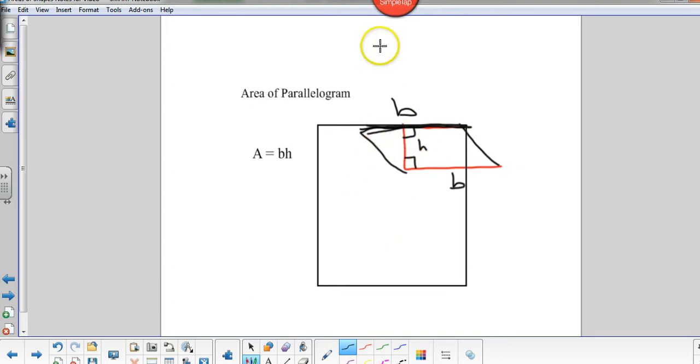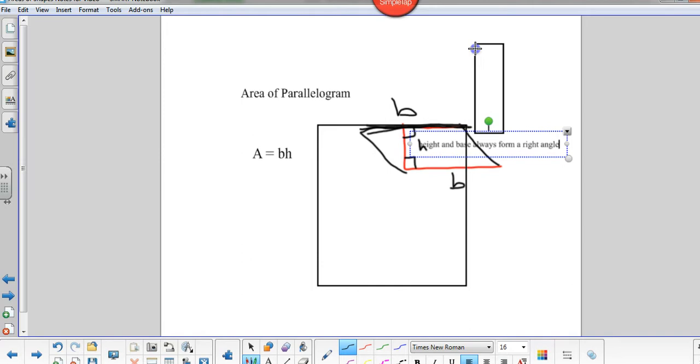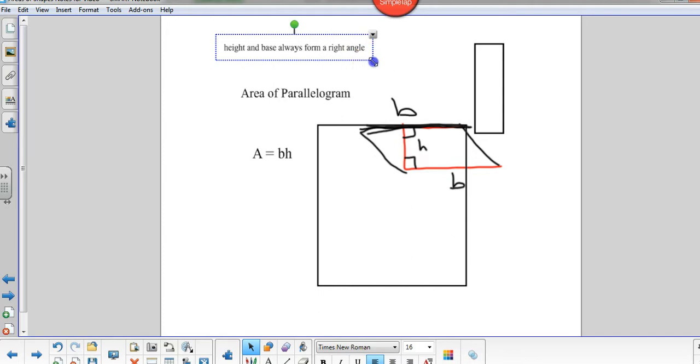But the key point is that you do want to make sure that the height and base always form a right angle. In any of these shapes, that's a key component that we need to understand: the height and base form a right angle.